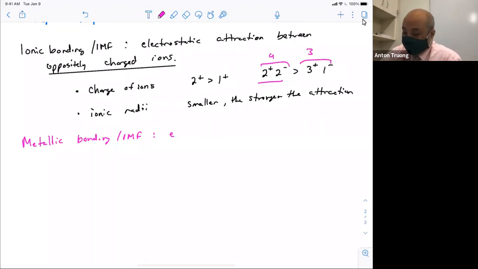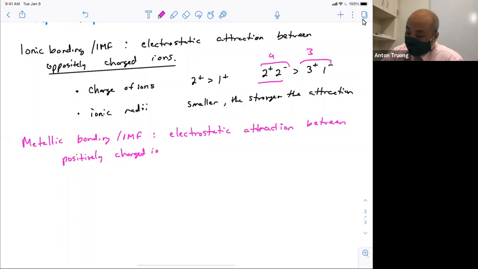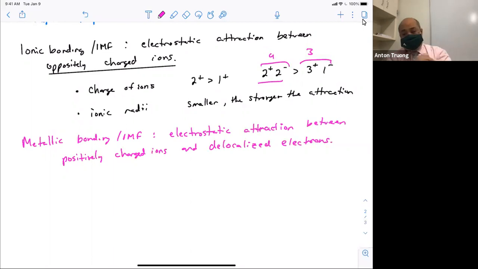Metallic bonding is your electrostatic attraction between positively charged ions and delocalized electrons. Right?